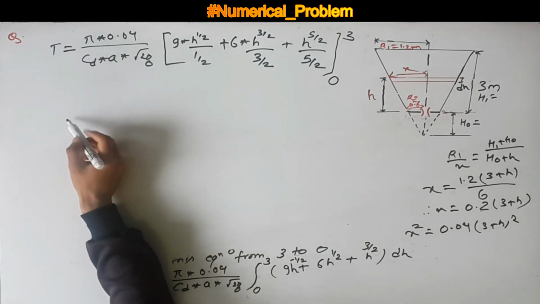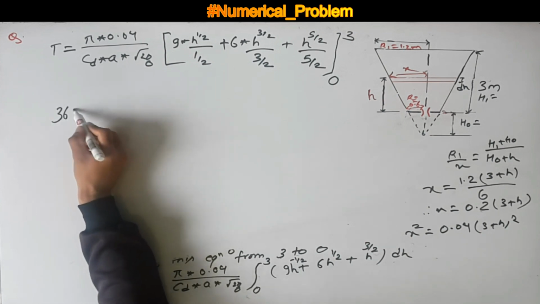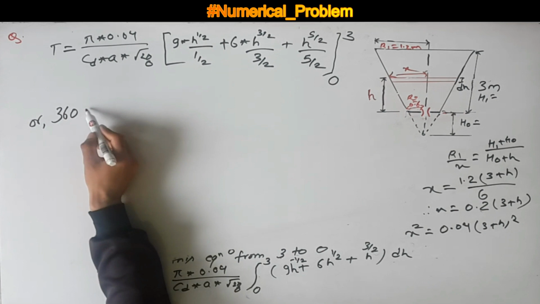This total time is given. Total time is given as 6 minutes, which is 360 seconds. We write what is given in the question.